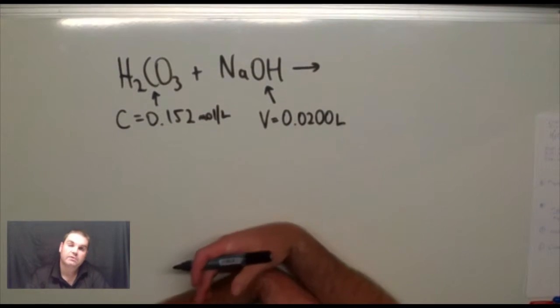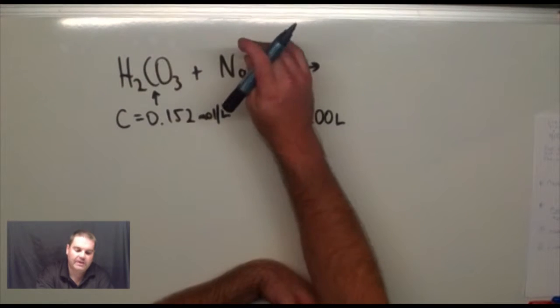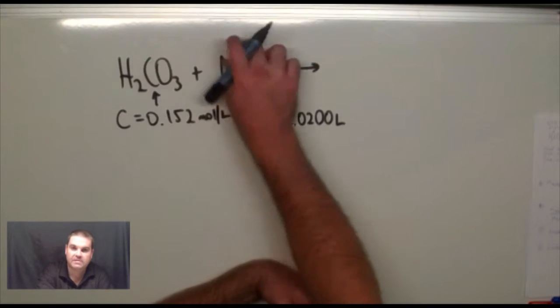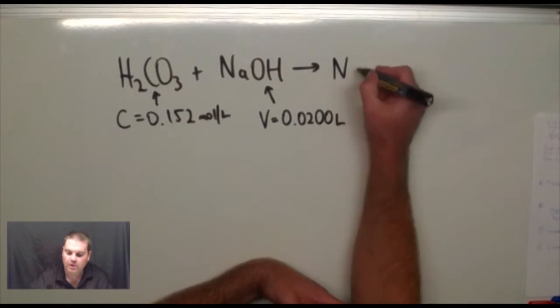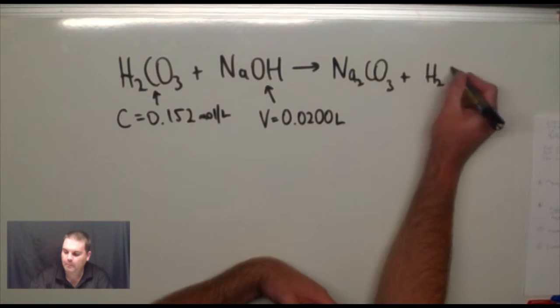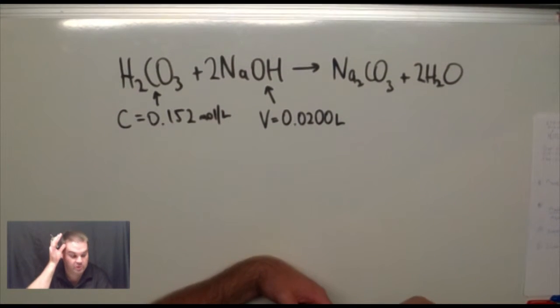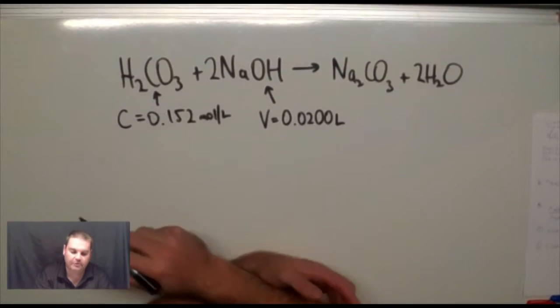Okay, so first step is always the balanced equation. So carbonic acid plus sodium hydroxide, acid-base reaction, so we get a salt, which is sodium carbonate, and we get water. So we balance it up, 2 there, 2 there. So remember, that's really important so we can get our molar ratio correct later on.